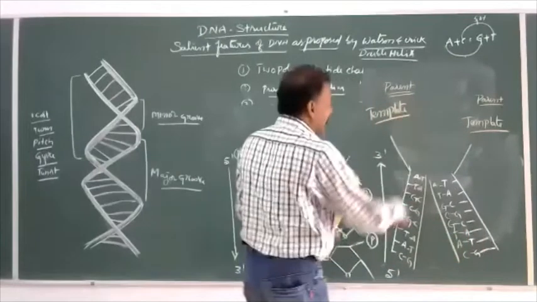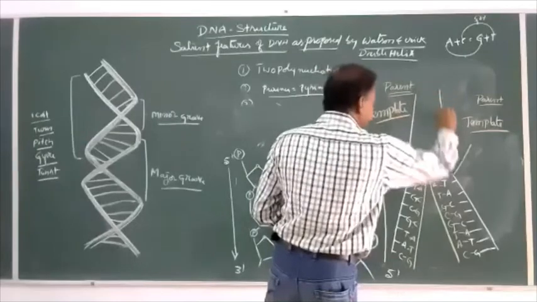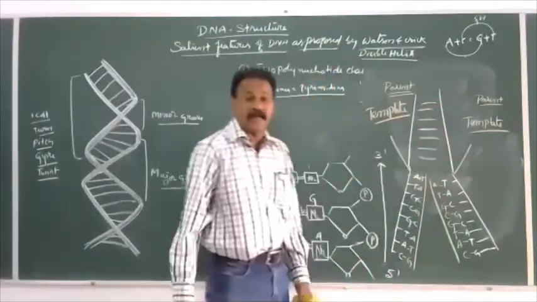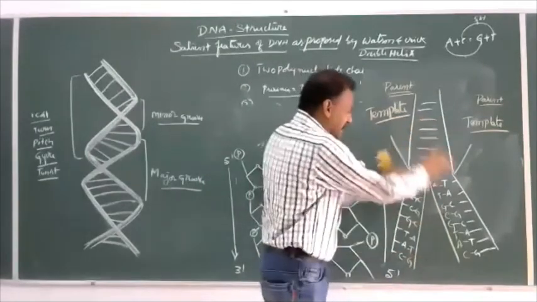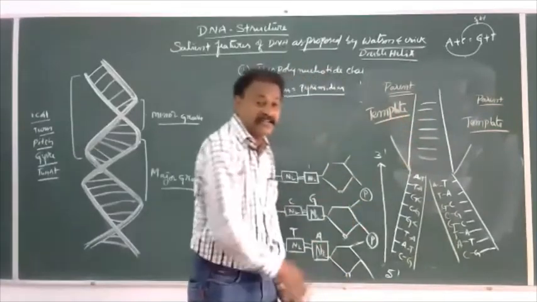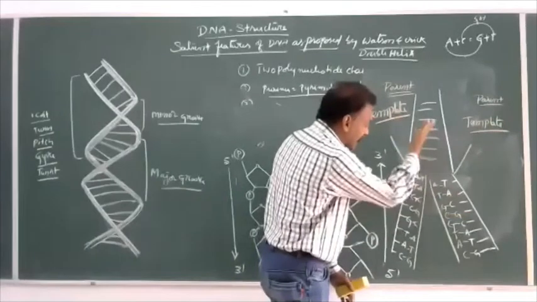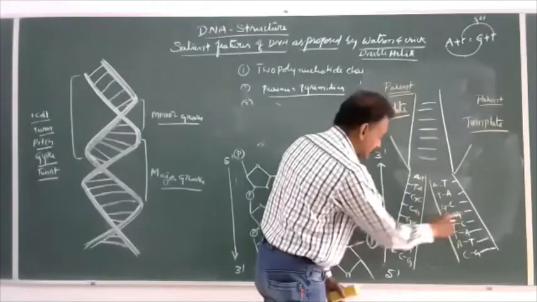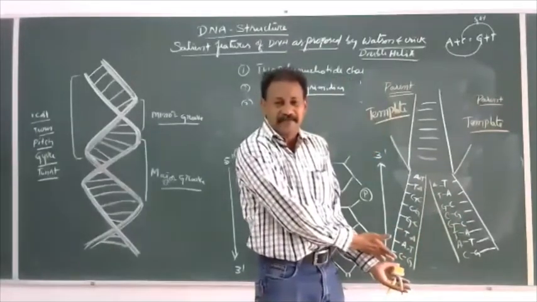So initially when we saw this, here one DNA molecule having two polynucleotide chains. When they separate, this base complementation enables them to make two DNA strands: A T, A T, T A, T A, G C, G C, C G, C G, G C. Both are identical to each other, same.